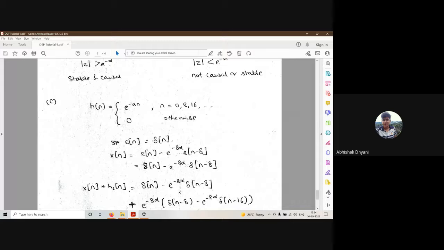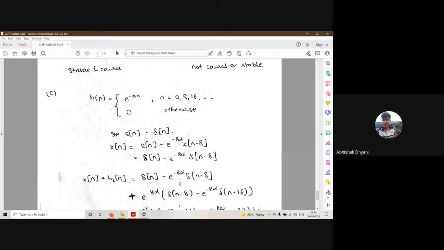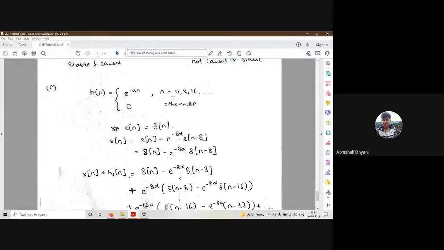So first of all, I will get x of n, and then because there is a convolution, it will be multiplied with e raised to the power minus alpha n for n equal to 0, and then it will be multiplied with e raised to the power minus 8 alpha, and because this will be x of n minus k, there is an n minus 8 here, and because this is n minus 8, it will become n minus 16.